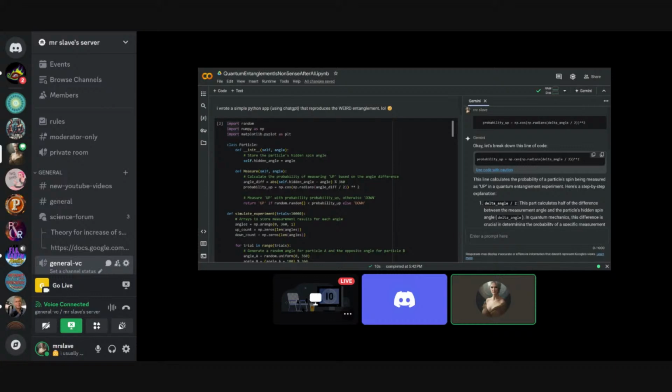Now, the fact that it says that particle A is up, what do we know about its angle? What do we know about the angle? It could be 0. We run particle A through the magnets, and it goes up.